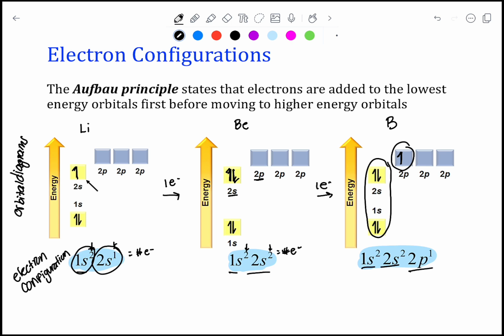So my electron configuration becomes 1s2, 2s2, 2p1. And like I said earlier, we don't denote our orientation in any way. We just know that it's in one of those orientations. So we just keep it as 2p1. Okay, so our Aufbau principle tells us that we have to fill our energy levels from lowest to highest energy.